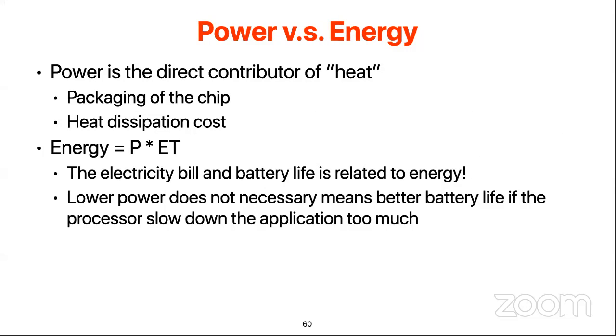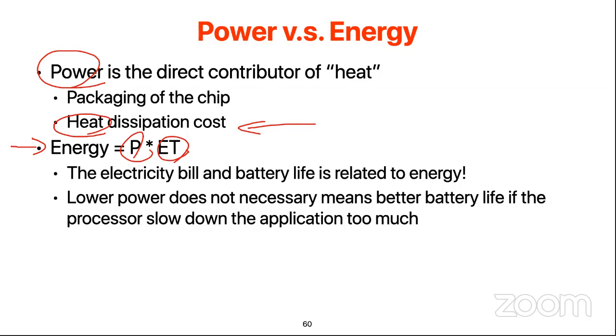Actually, you flip it. Energy is the amount of power that you used over time. The definition of energy is power times time. Power means, within this moment, how much electricity has been consumed, and when you consume electricity, it generates heat.